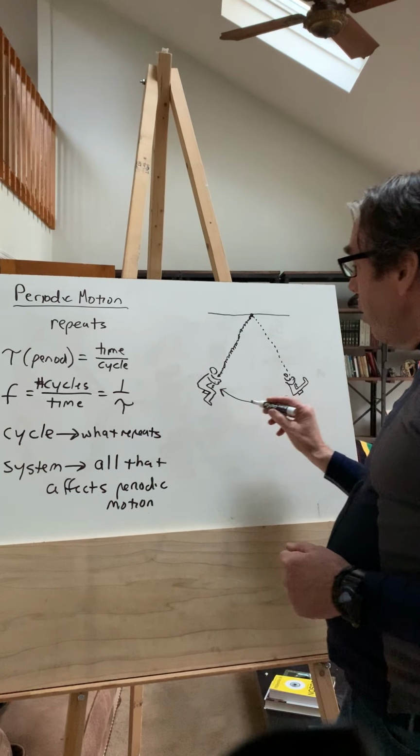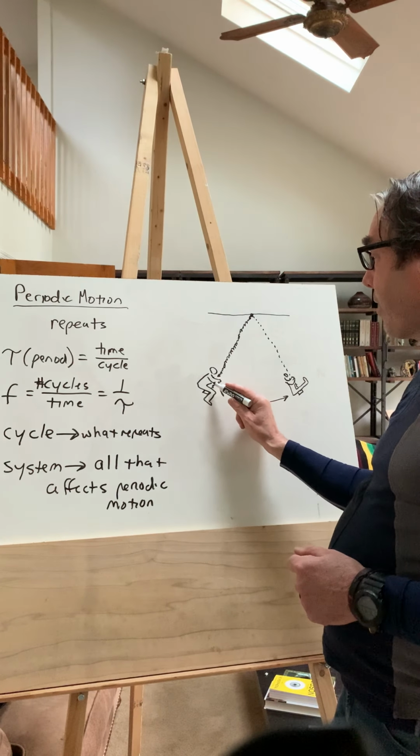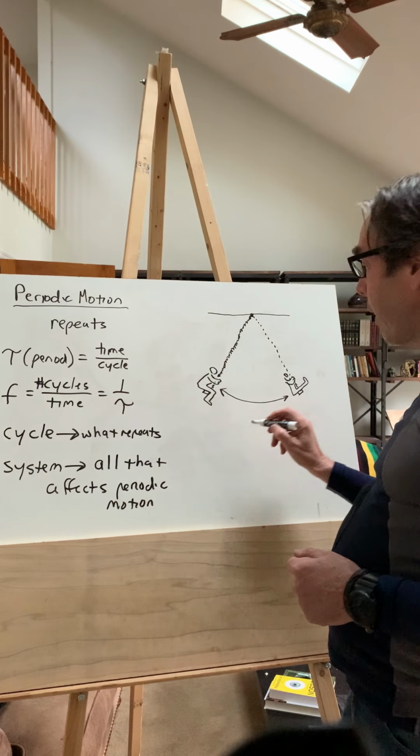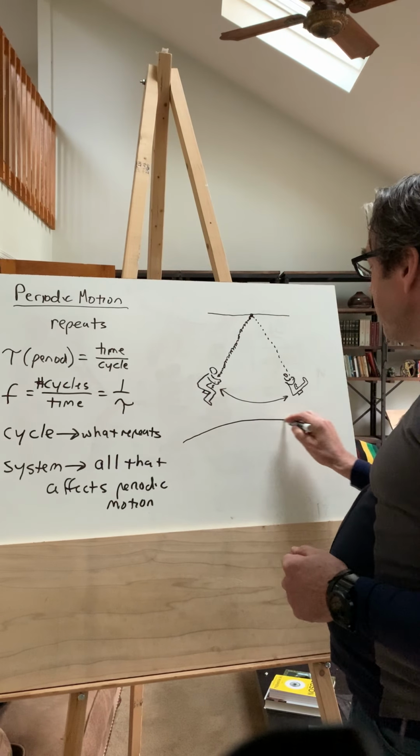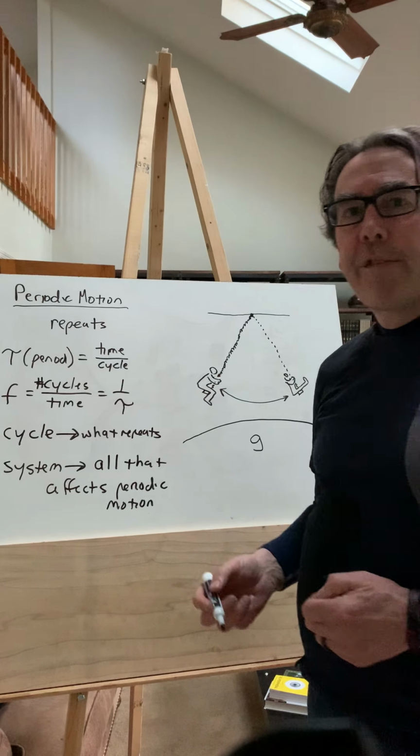We also know that when the kid's up here, he or she is going to start accelerating this way because gravity is pulling on it. And so we also need in our system the earth, or whatever the source of gravity is.